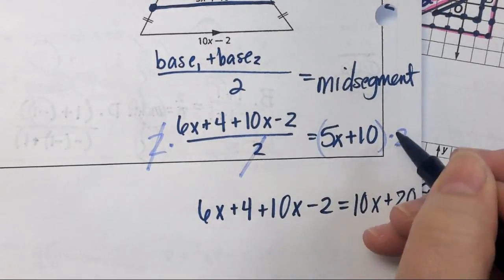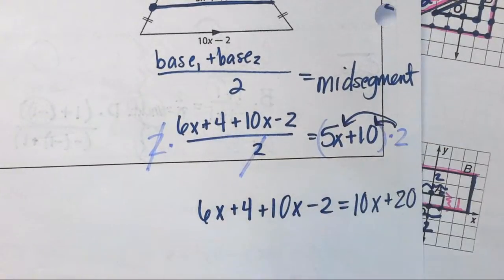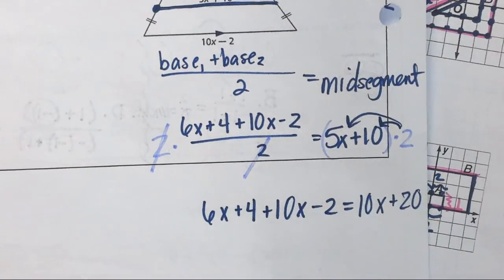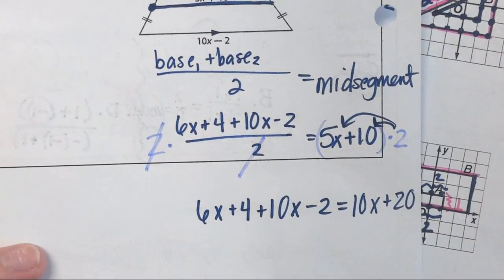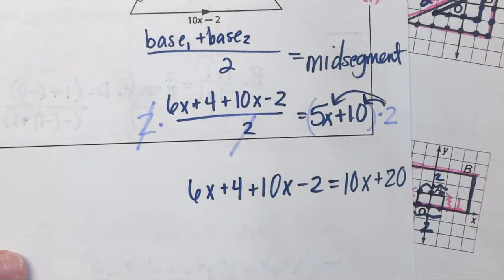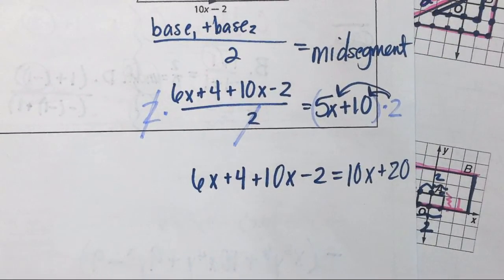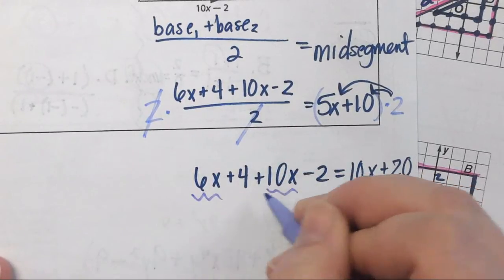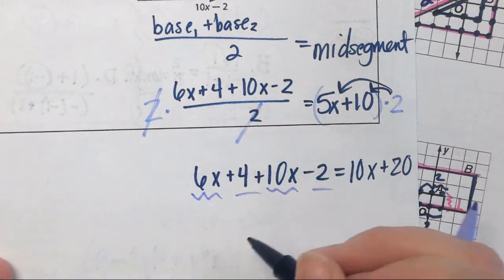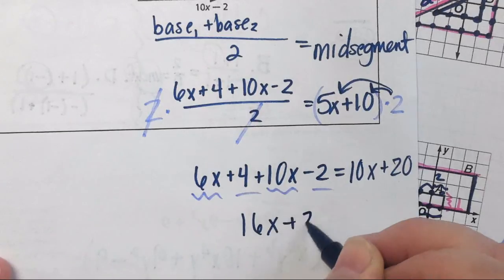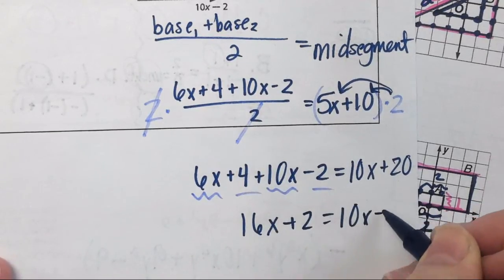Make sure you distribute that too. We have all gotten much, much better about distributing, but everyone makes a mistake. Make sure you distribute the 2. Okay, when you combine like terms, what do you get? Okay, 16x plus 2 equals 10x plus 20.